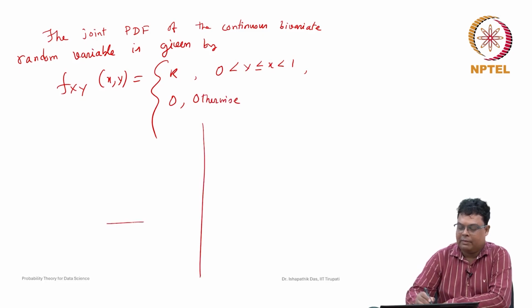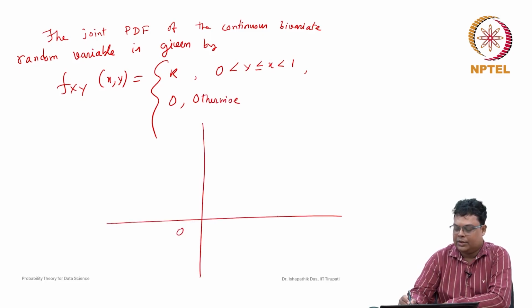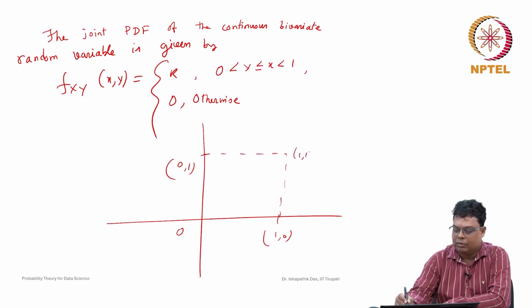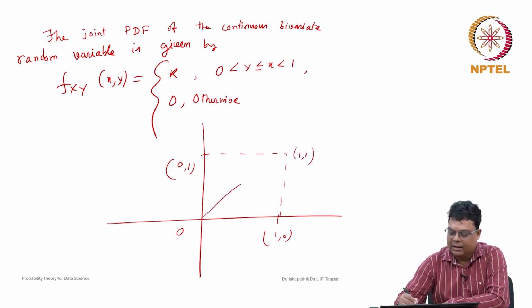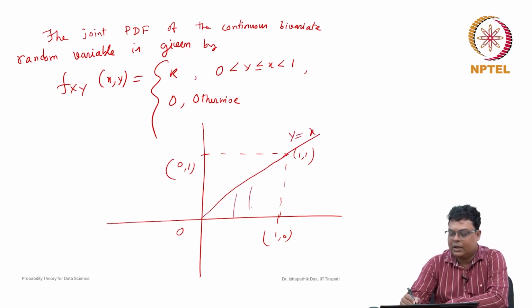If you draw the curve, this is 0, this is 1 on the x axis, this is 0, 1, and this is 1, 1. The line y equal to x, and y less than or equal to x means this region.